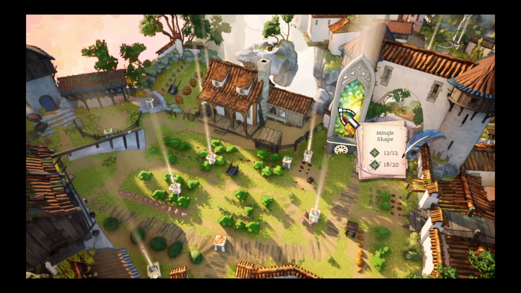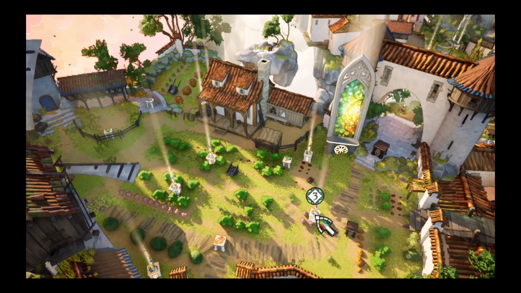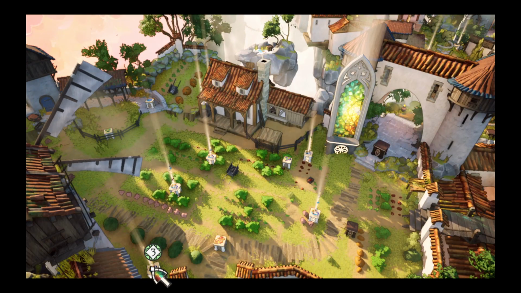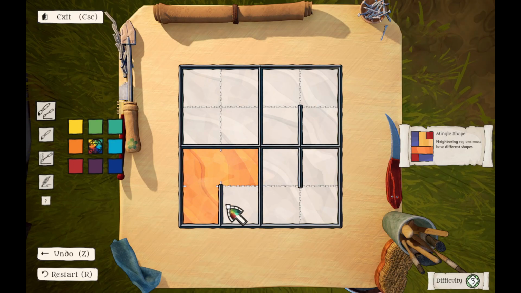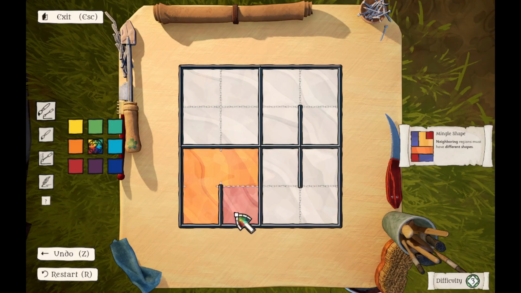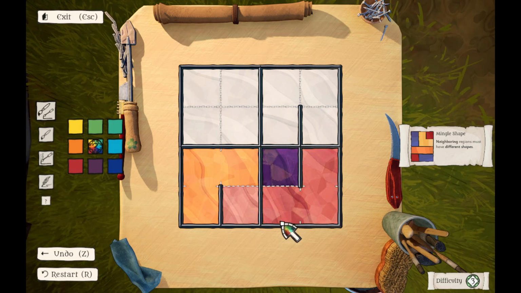How many more of these? 2 more. Get this to silver. Neighbouring regions must have different shapes, so this has to be an elbow and a square. It could be either way around. And that has to be a square and an elbow.